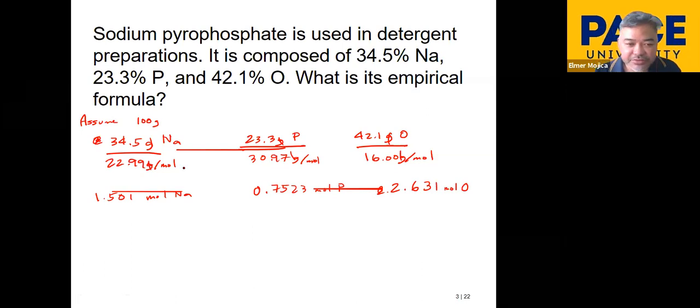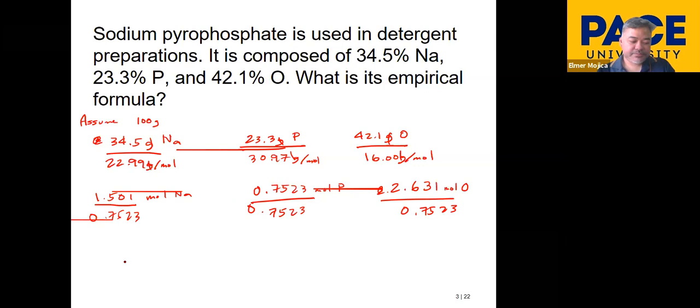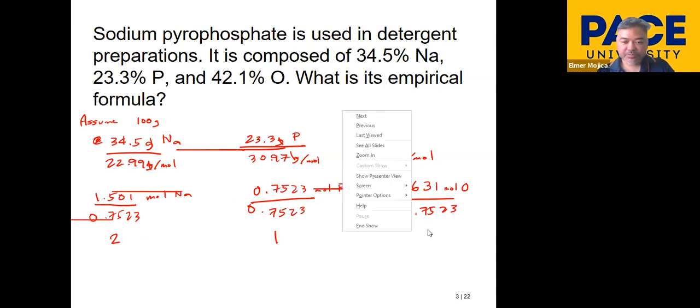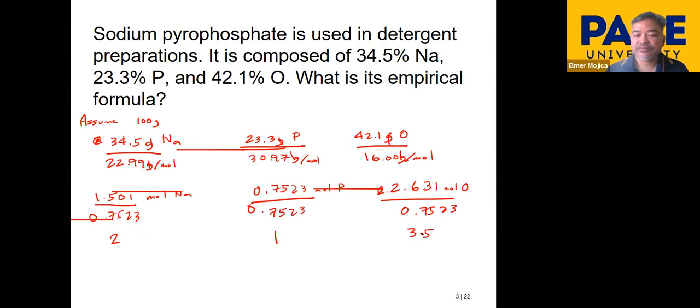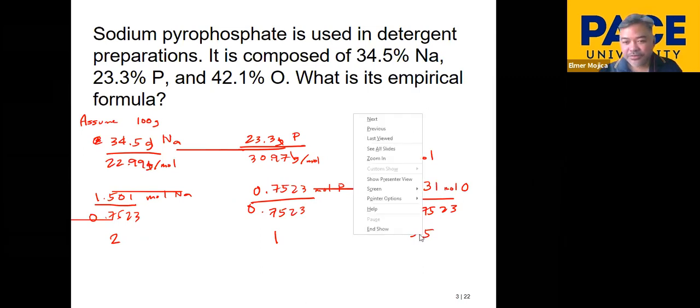What you're going to do next, you divide it with the lowest value of the mole, which in this case is 0.7523. Okay, so you end up with what? 2, 1, and what do you get here? 2.631 divided by 0.75, that is equals to 3.5. So what do we need to do? We need to make it into a whole number.